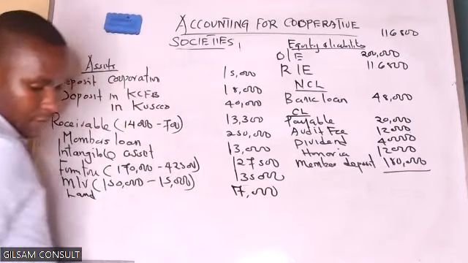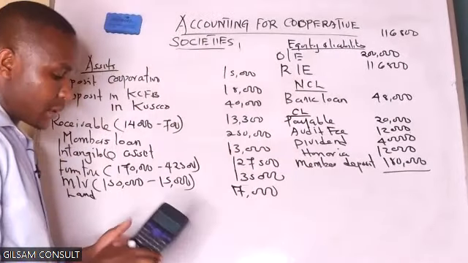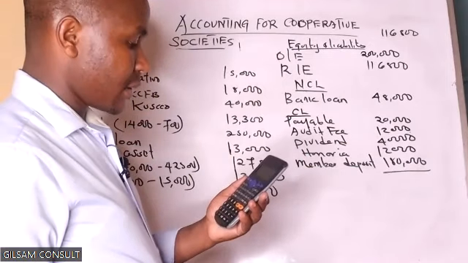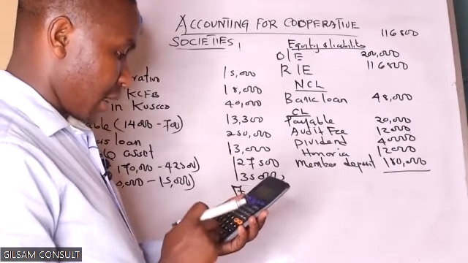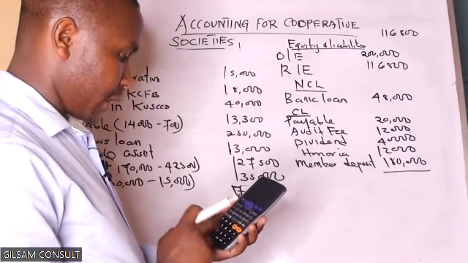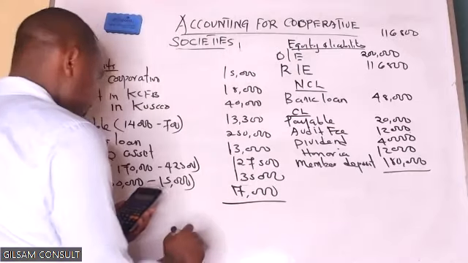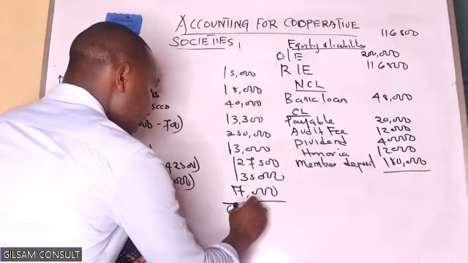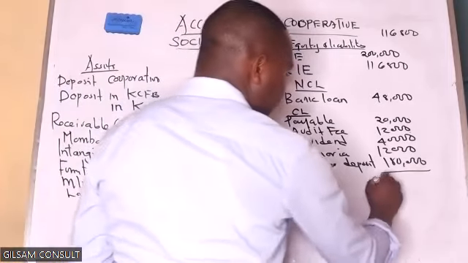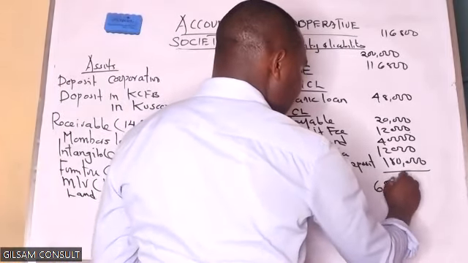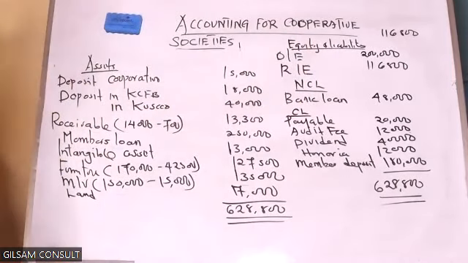So if you add 611.8 plus 17, this one will come to 62,800. So that one should be the total here. So confirm if I'm right or wrong.